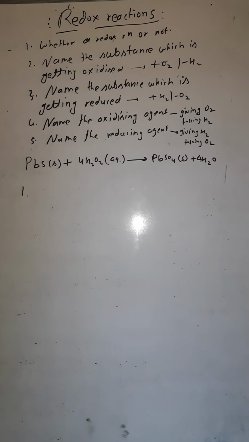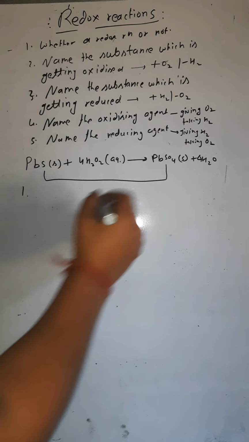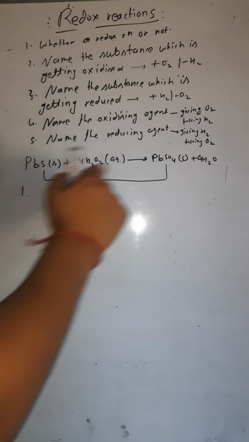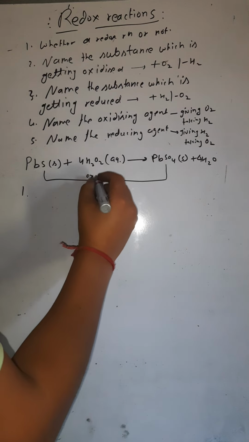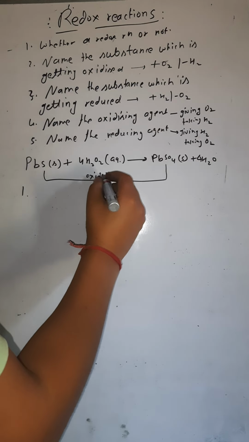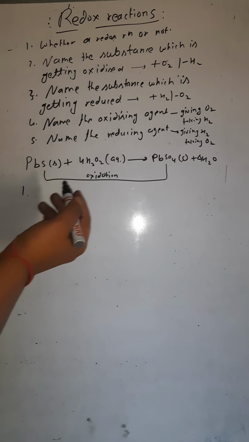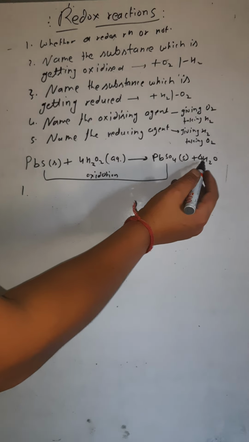Now, if you look, lead sulfide is becoming lead sulfate. So lead sulfide becoming lead sulfate means here you can see addition of oxygen. Where there is addition of oxygen, you call it oxidation. And in case of H2O2, there is removal of oxygen. You can see 8 oxygens here, and only 4 oxygens here.